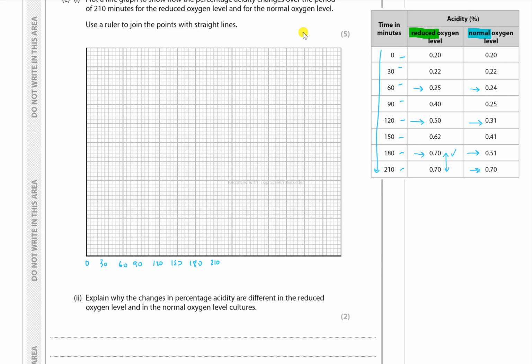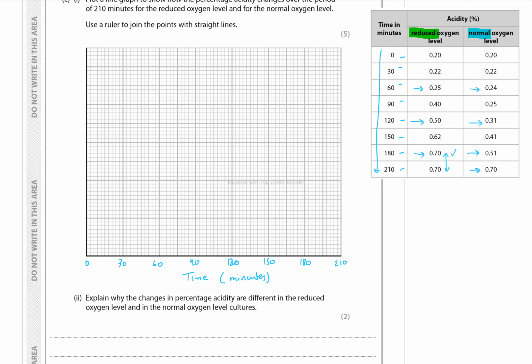Oh, we can get away with that. So just spread it out right to the end. This is time, and in brackets just put in minutes.